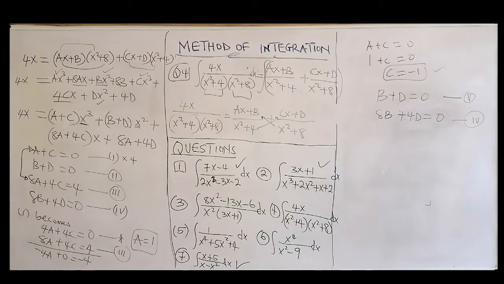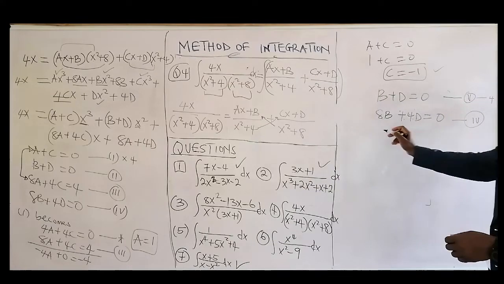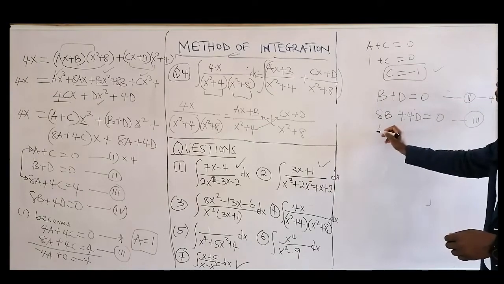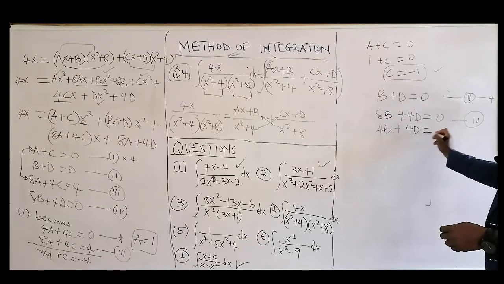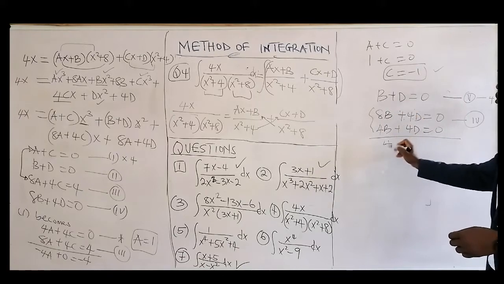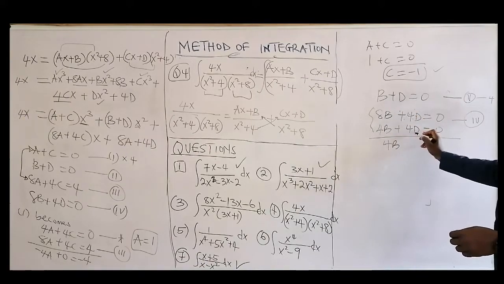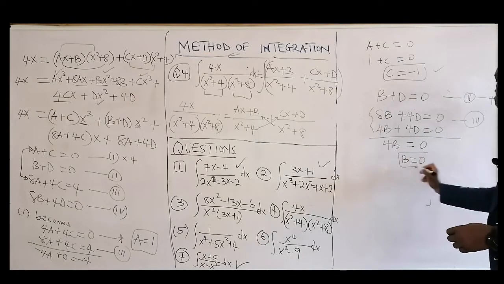Together, this one times 4, so we have 4b plus 4d equal to 0. Let's subtract these two. This one minus this one is 4b. This one minus this one is 0. So equal to what? 0. So b is what? B is 0.